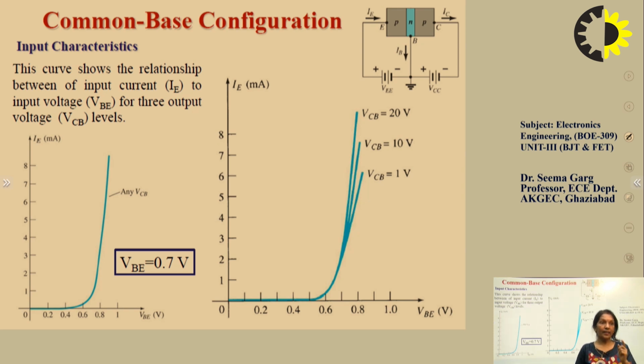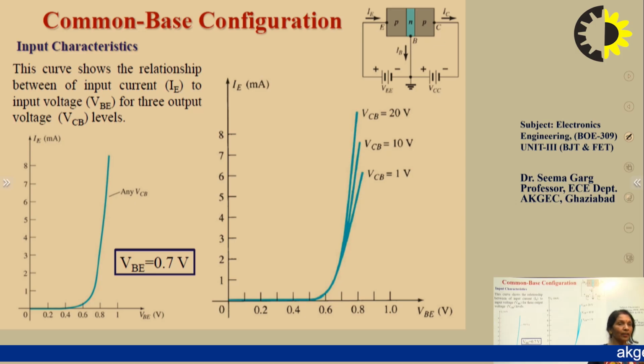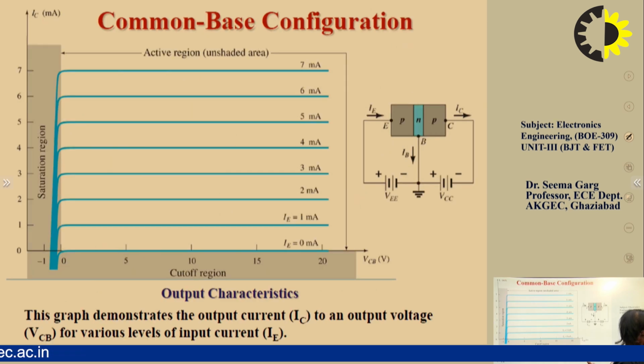The collector-base terminal is reverse biased, and because of that it will offer only the current due to minority charge carriers, and minority charge carrier current is a very small amount. That is the leakage current, and that is why it does not have any effect on the input characteristic. That is, the emitter current is almost the same for all three, although you are changing the collector-to-base voltage.